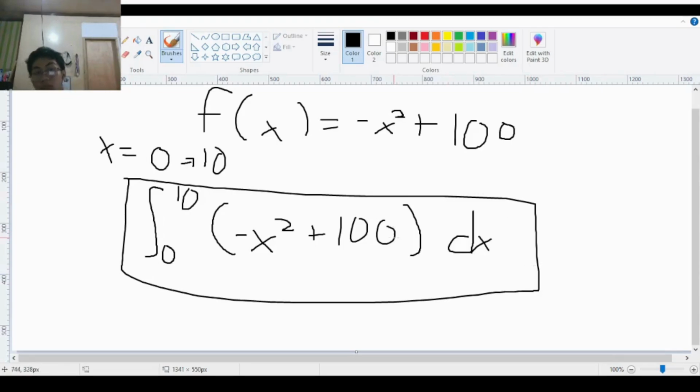Now what do we do with this formula? Well, we have to integrate it, of course. So we can actually separate this.